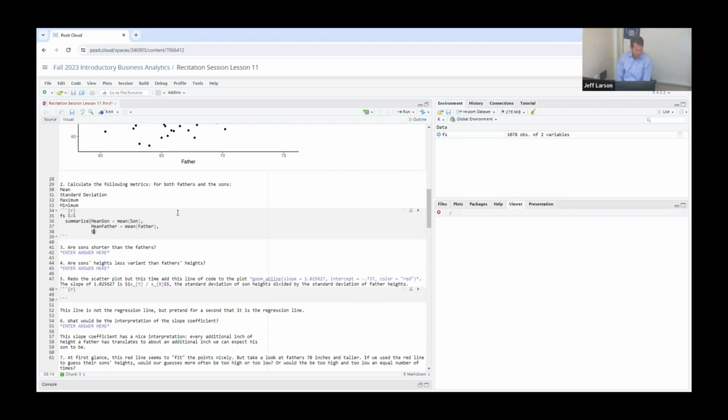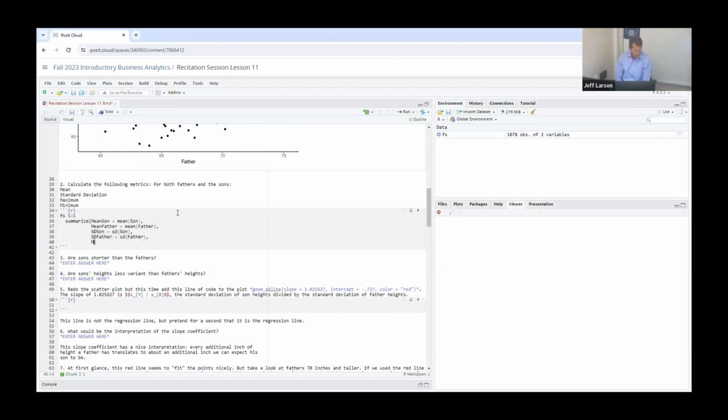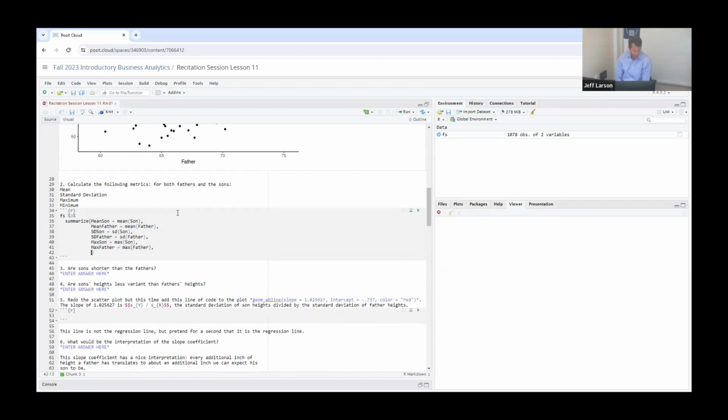Okay, we'll say SD son is going to be SD of son. Then we want also the maximum. So max son is max of son. Max father is max of father.